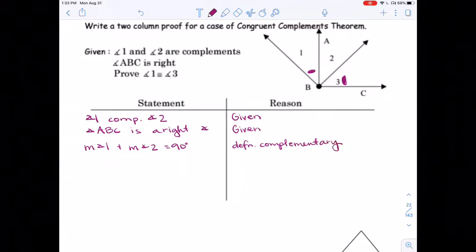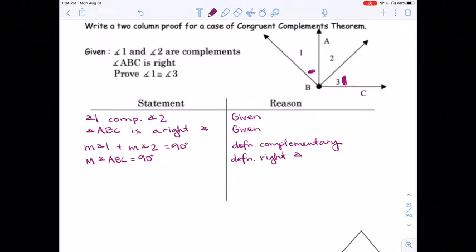Complementary angles add to give us 90 degrees. Okay, ABC is a right angle. So let's change that one too. The measure of angle ABC is equal to 90 degrees because it is a right angle. Definition of a right angle.